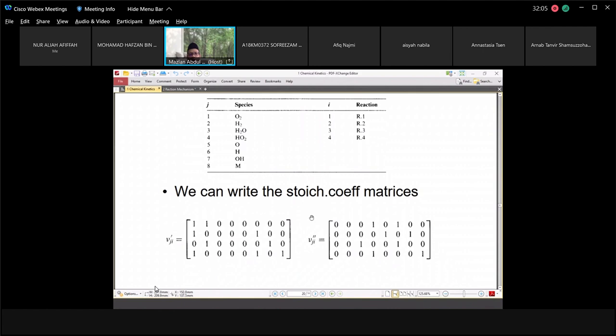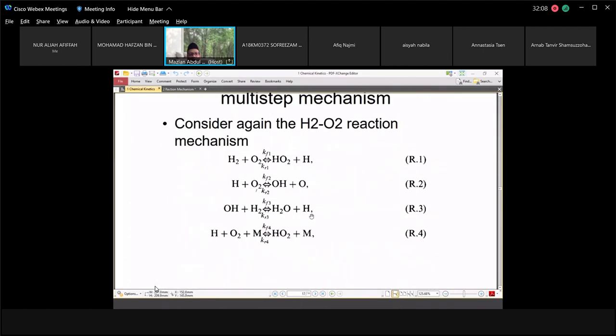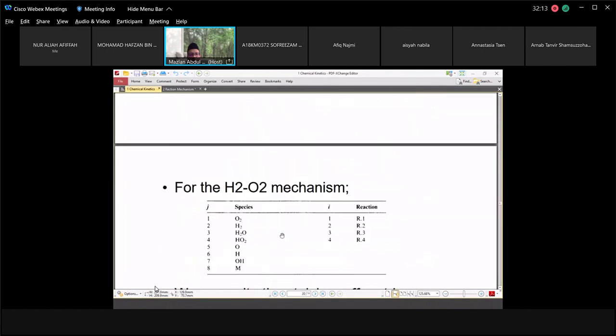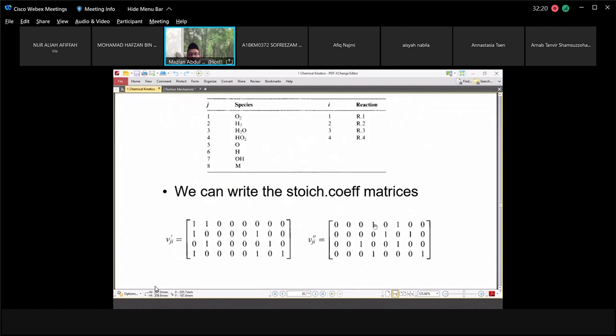For the product of the first reaction, we have HO2 and H, which are number 4 and number 6. So number 4 and number 6 in the product. Similarly, we can write the same thing for reaction number 2, reaction number 3, and reaction number 4. So we have 4 reactions.